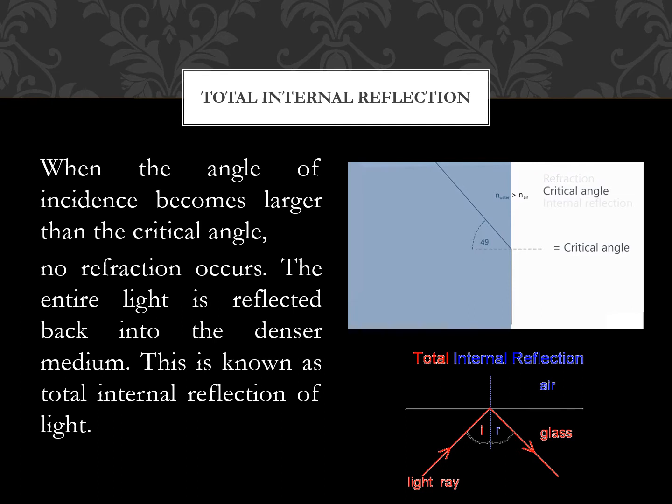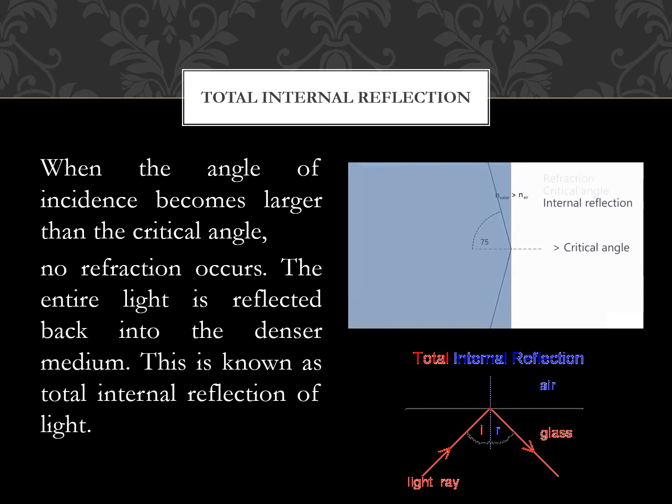But when we talk about glass, the critical angle for glass is nearly 42 degrees. As your angle exceeds 42 degrees, the light will be totally internally reflected, as you can see in the animation.